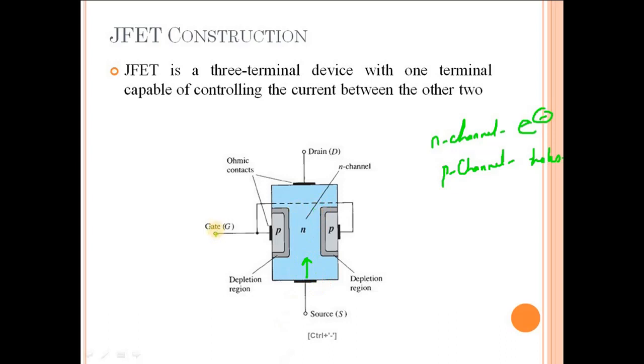Gate is the terminal which is providing us with the control. By controlling the gate, we are trying to control the movement of the charge carriers from source to the drain. So something is coming out from the source and going to the drain, and that something is nothing but the charge carriers.